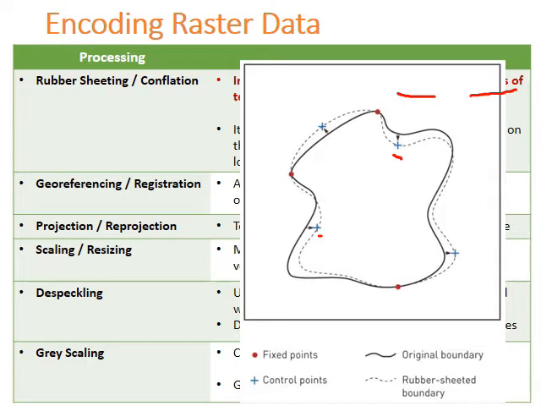You could see the thick lines which have to be at the cross mark location, but they are moved away from it. Similarly here, the thick line has to be at the cross mark. Here also it should be at the cross mark. Now what we try to do is pull this black line and fix it to the control point, thinking that this map is acting like a rubber sheet, and you try to fix those control points.